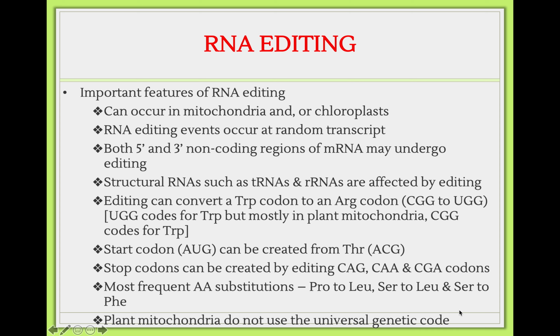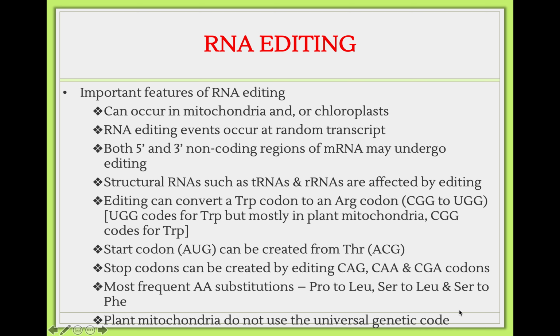So it could occur in mitochondria and/or chloroplast, that would be in the case of plant. RNA editing events occur at random transcripts. So both 5' and 3' non-coding regions of mRNA may undergo editing. Apart from that, structural RNAs such as tRNAs and rRNAs are also affected by editing.